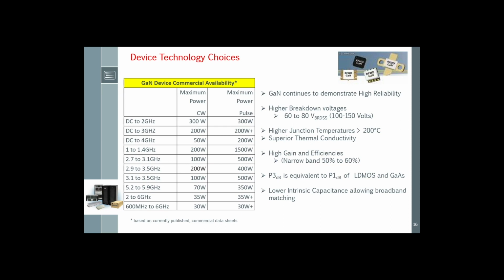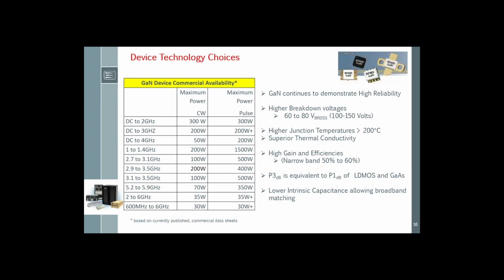The intrinsic capacitance of the device is lower and allows for good matching, good broadband match. It's easy to match a GaN device in 1 octave of bandwidth. In reality, we almost say that 1 octave is narrow band, it's not broadband.